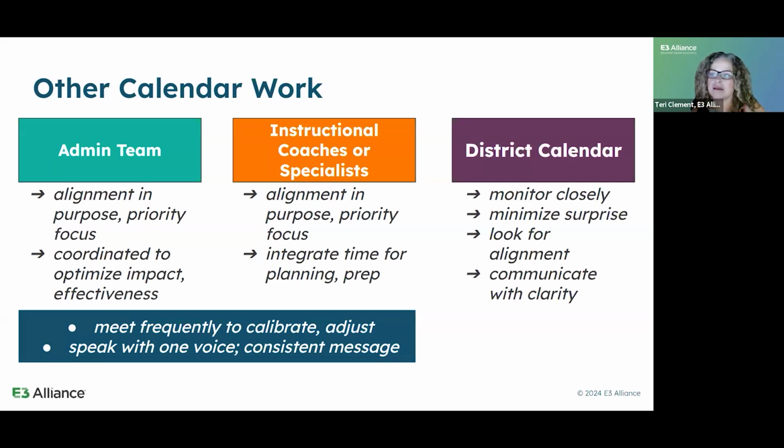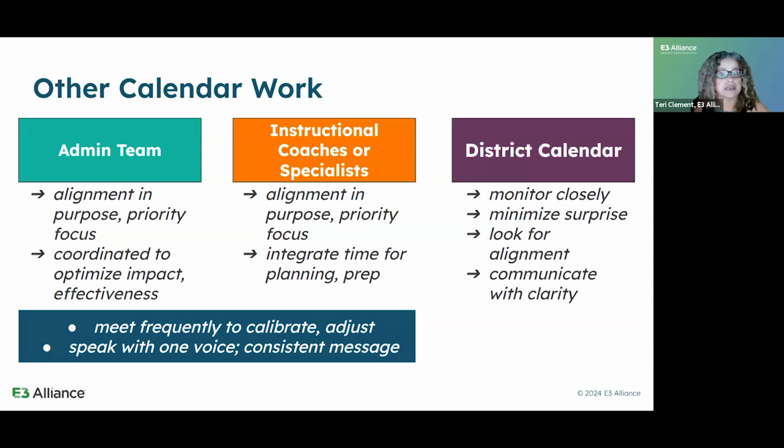So keep an eye on the district and communicate clearly about what's happening at the district level so that it all can be coordinated. And I love this note about looking for alignment. Inevitably, you're going to have things that happen from your district calendaring and planning. Look for how they align with your priorities and then help communicate that alignment.